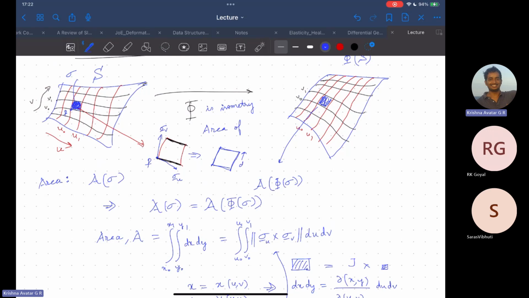So this distance is dv and this distance is du, right? So the length of this is just du, and this is going to be dv.